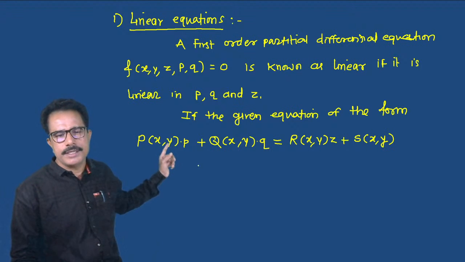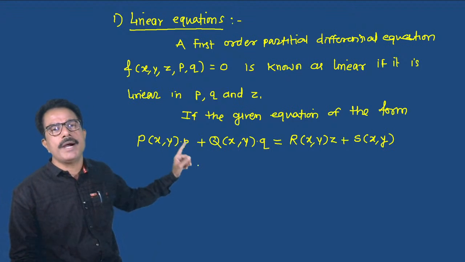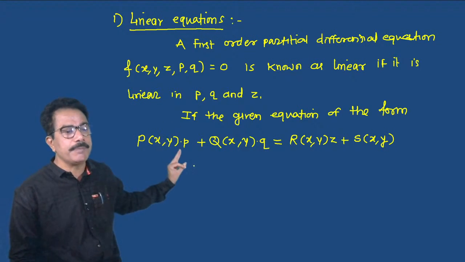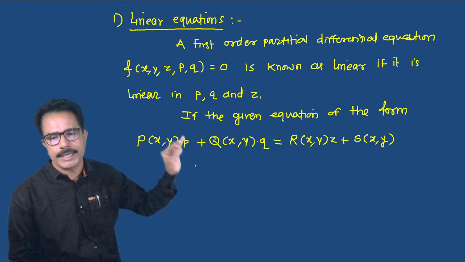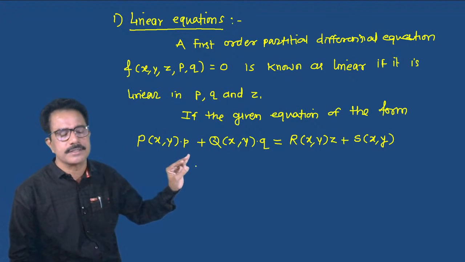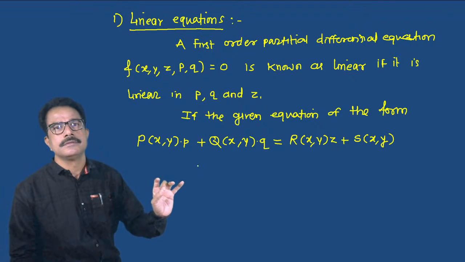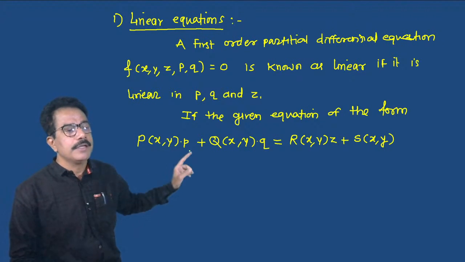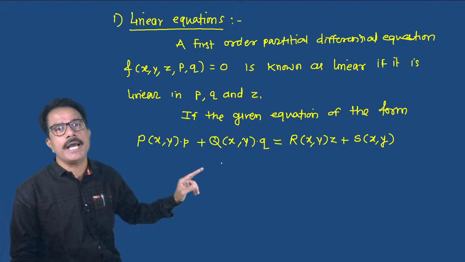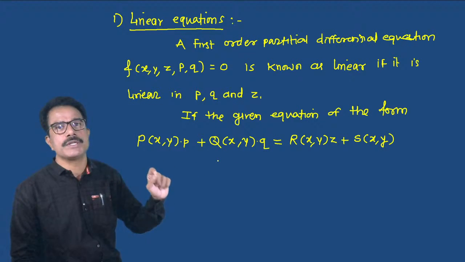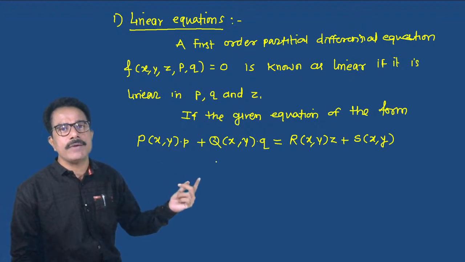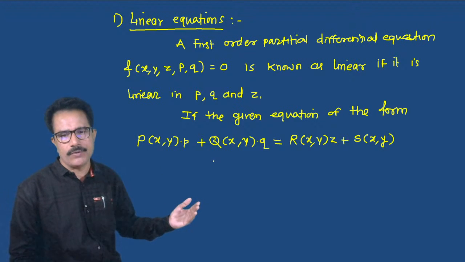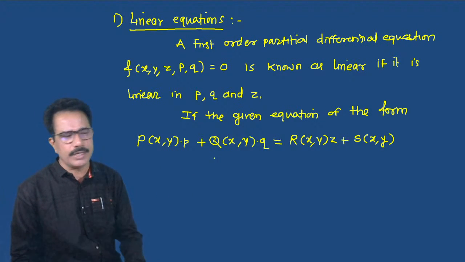Here capital P, Q, R, S are functions of x and y. Small p and small q are the notations used for dou z by dou x and dou z by dou y.